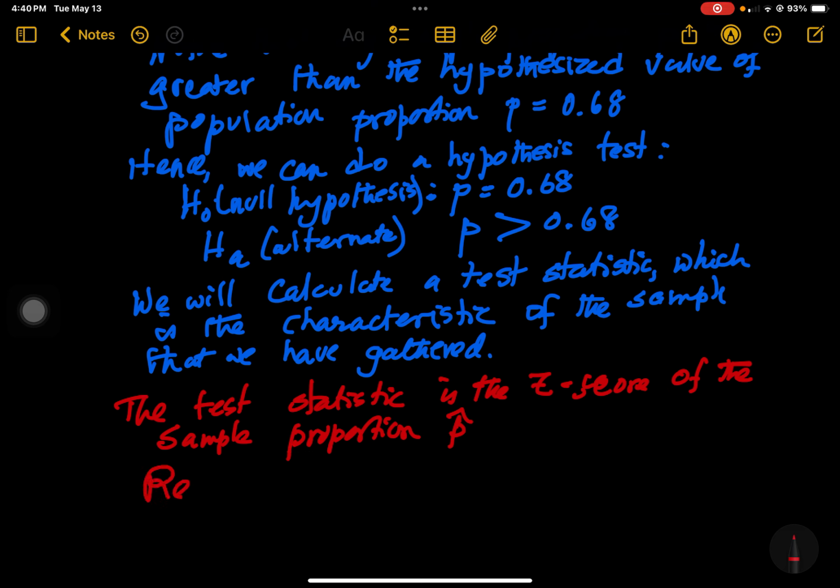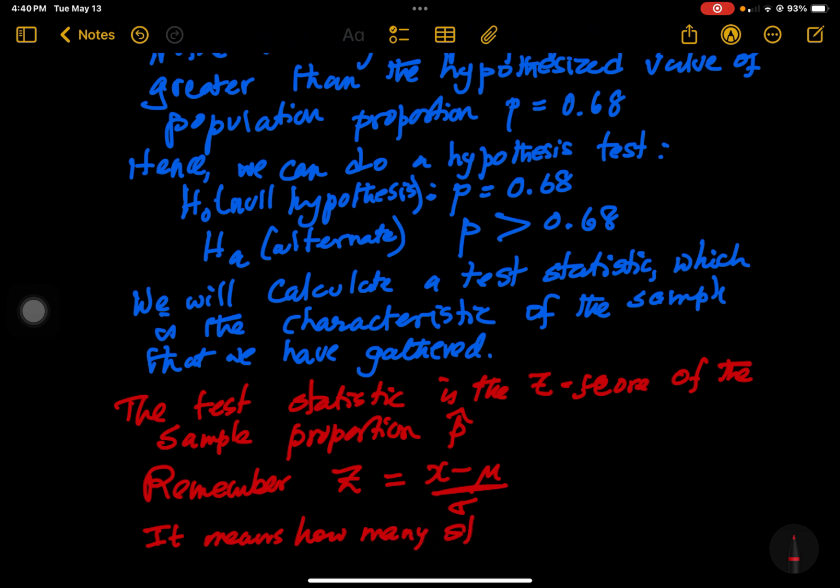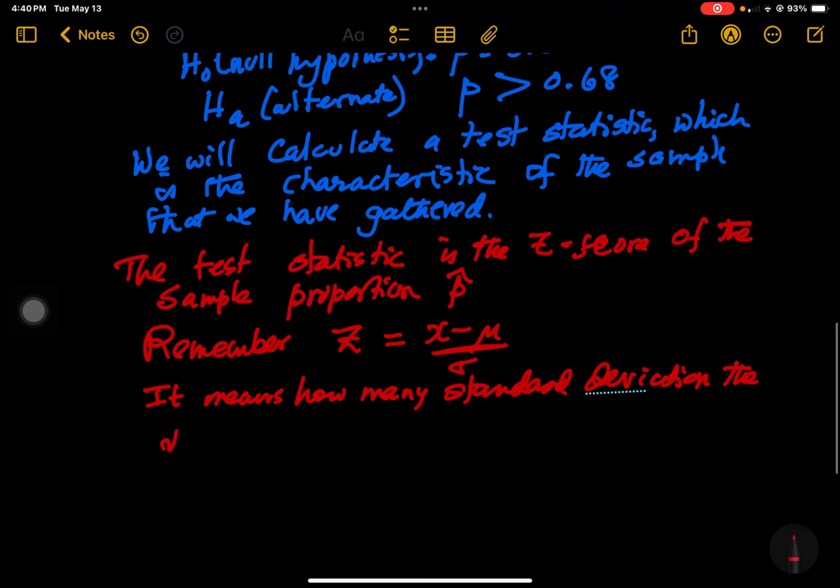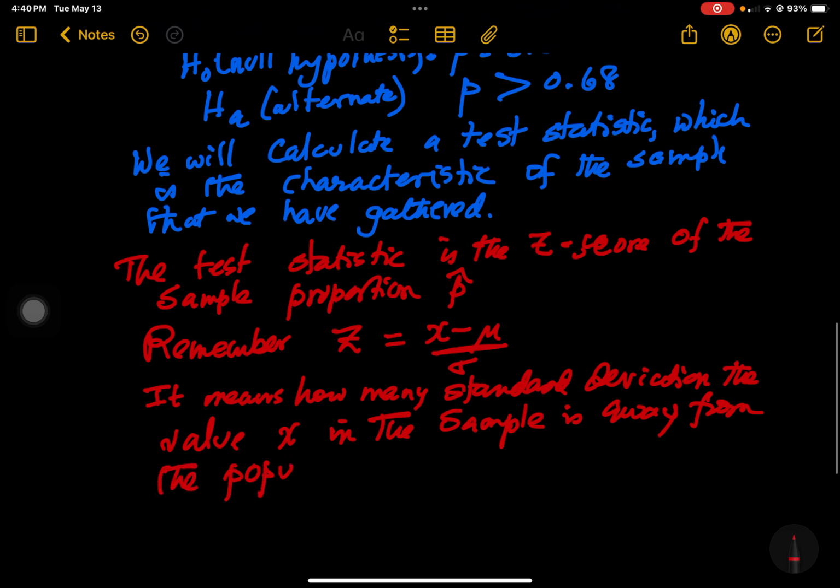Remember, z-score is given by x minus mu divided by sigma. It means how many standard deviations the value x in the sample is away from the population mean. Same idea is applied here.